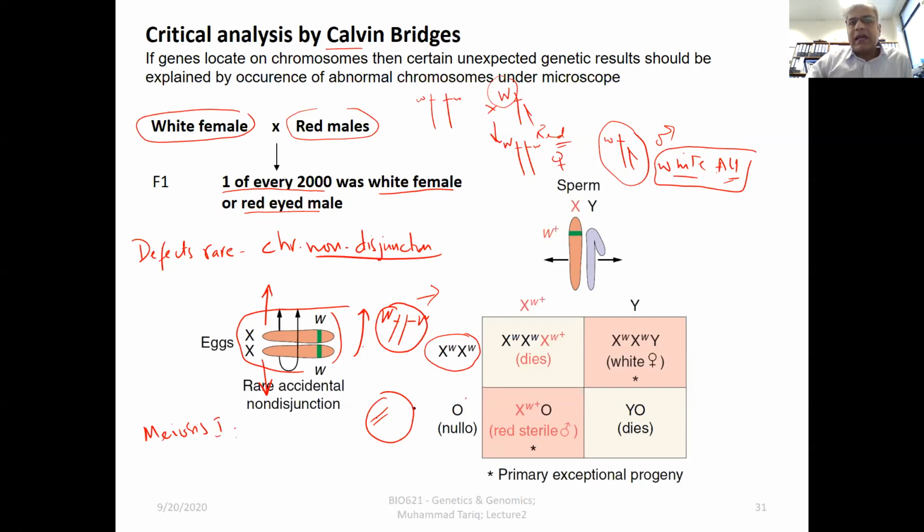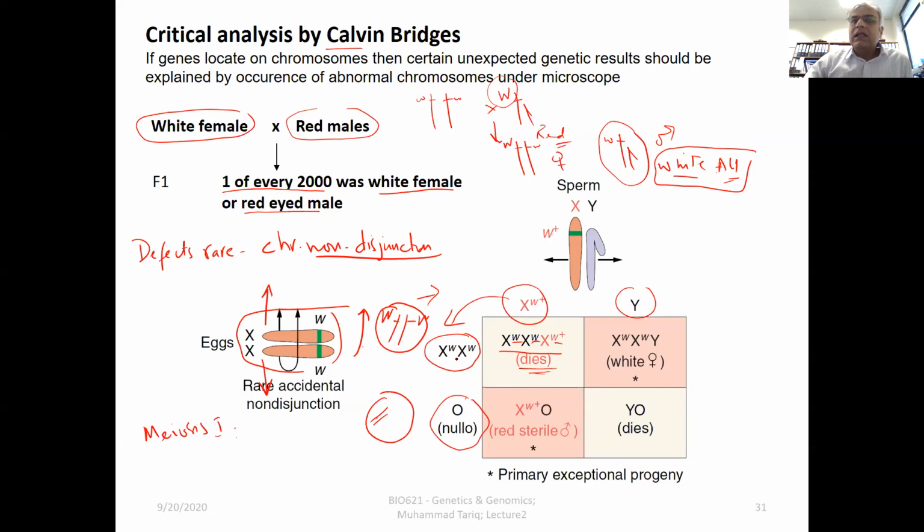The second meiosis, this mitosis-like division, will be nullo, no X, because its X went there, so it will be O. The male went normal, X plus, and Y. Now, if this gamete is fertilized by this one, it will be triple X. So W, capital W, mutant, wild type, but it dies.